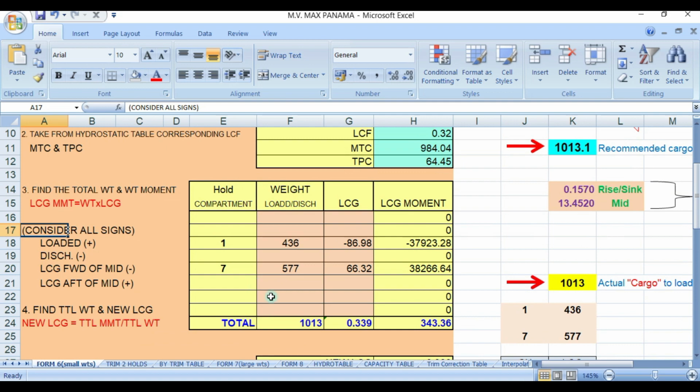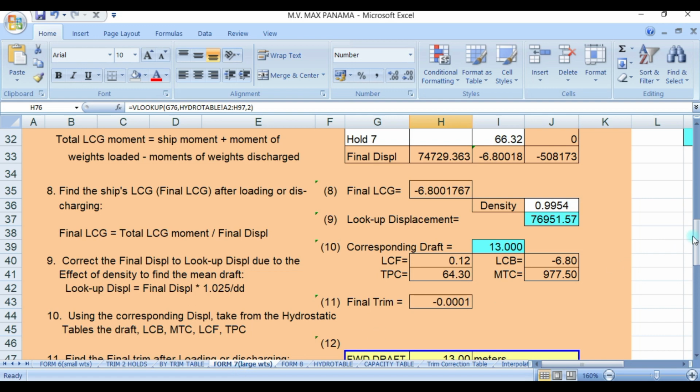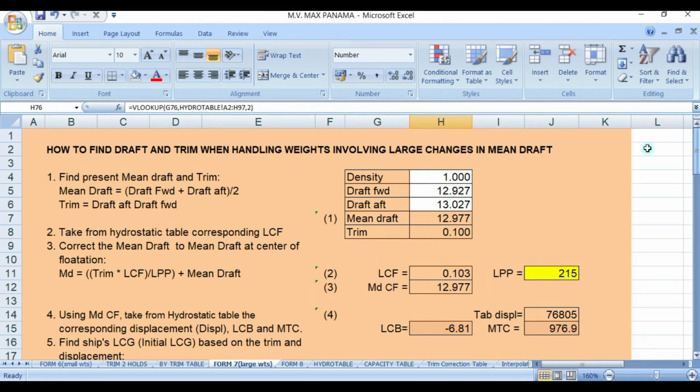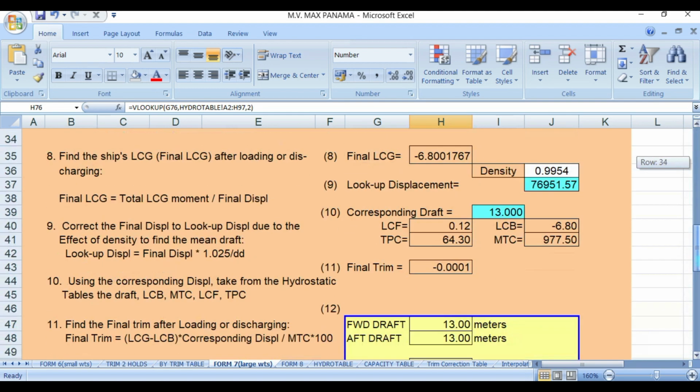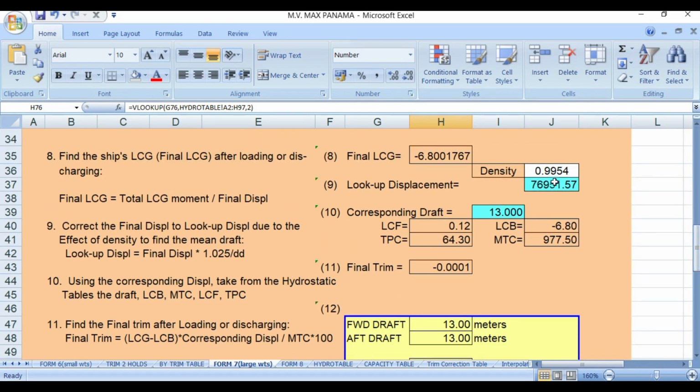Okay, this one. So you don't need this density. Not unlike this one, you apply your local density in your departure berth and your arrival berth in Panama. So you have to apply the density also.